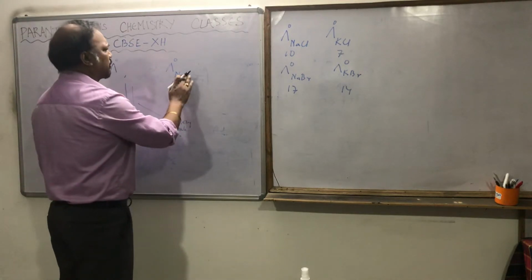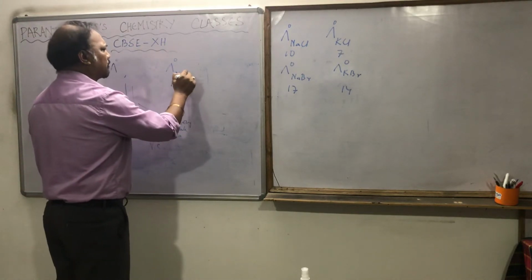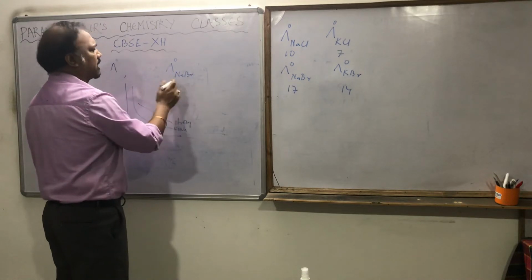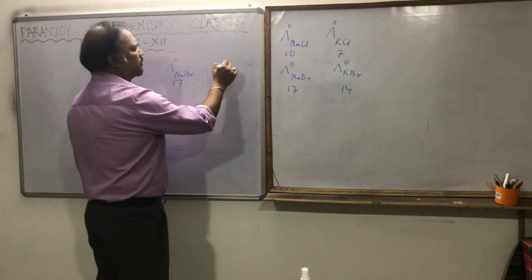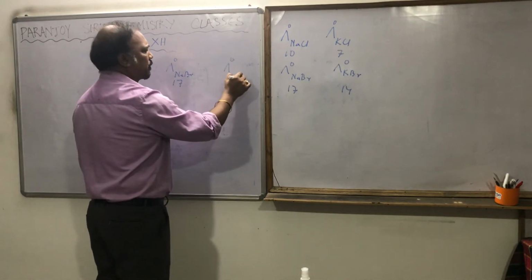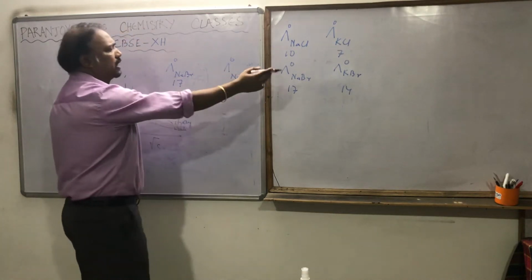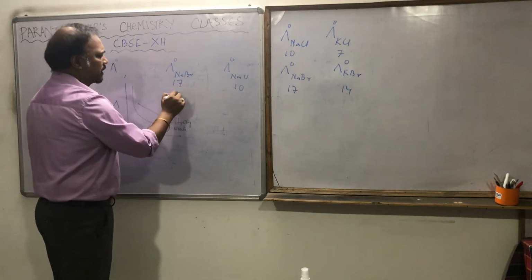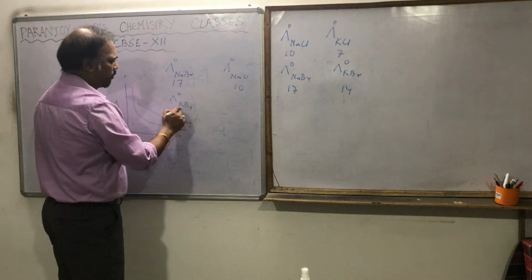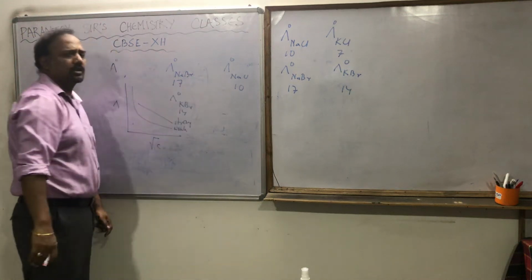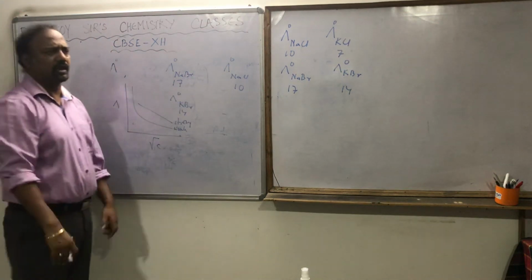Lambda 0 value for sodium bromide, he found 17. Lambda 0 value for sodium chloride, he found 10. Lambda 0 value for potassium bromide, he found 14. These values are certainly not the correct values, and I am just writing them for your understanding, nothing else.